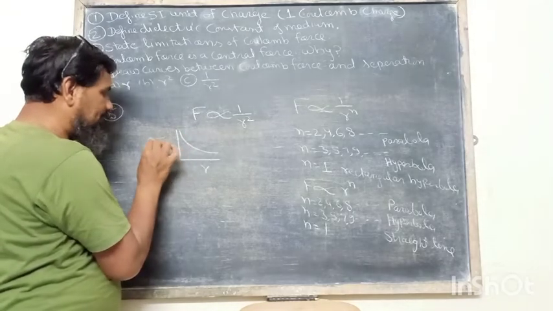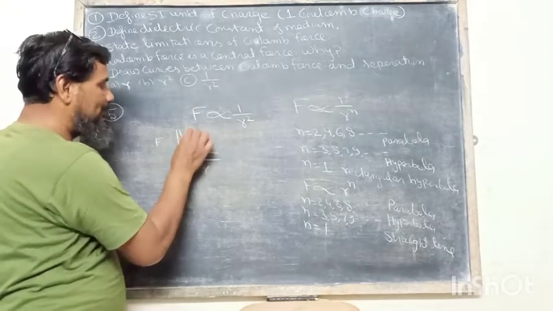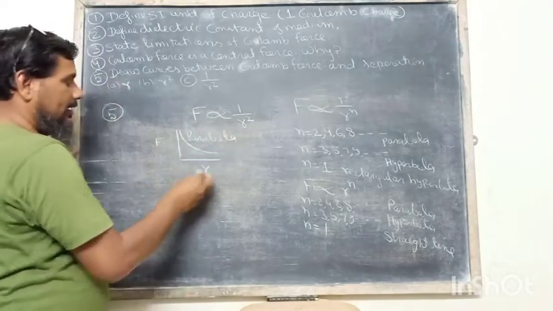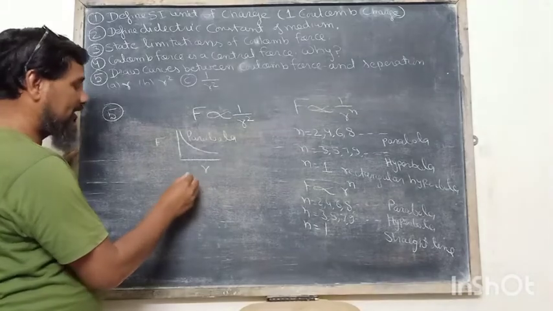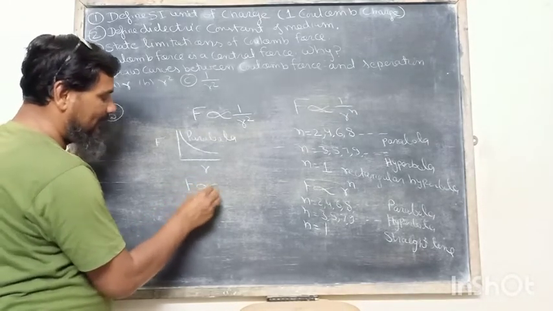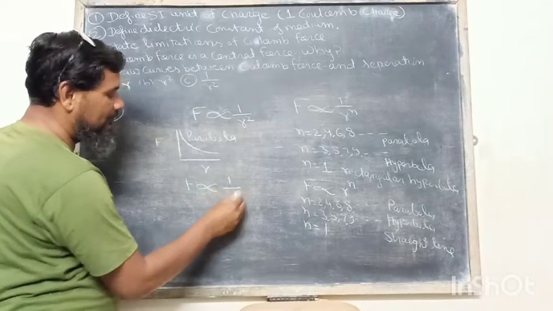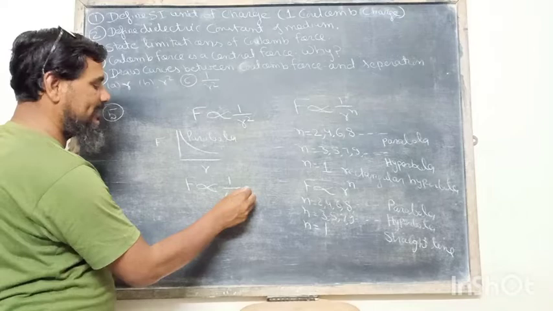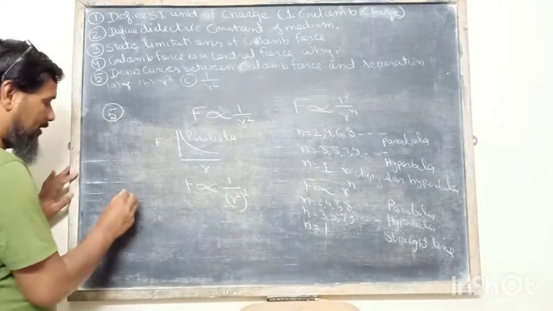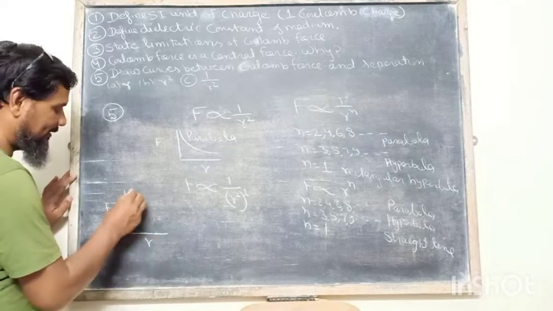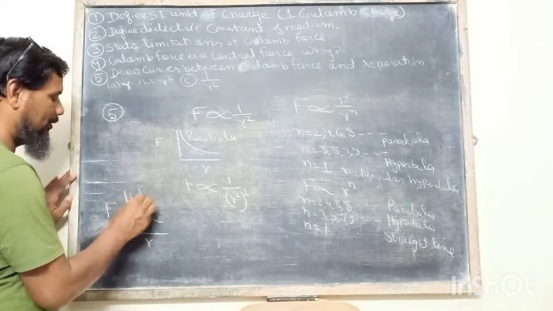So the curve between F and R will be a parabola. And if we want to draw the curve between F and R square, meaning F is directly proportional to 1 upon R square, the shape of the curve will be a hyperbola.